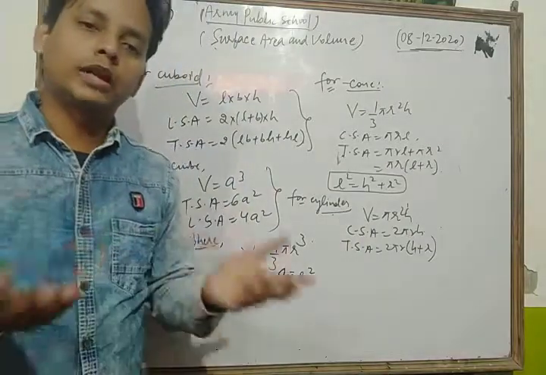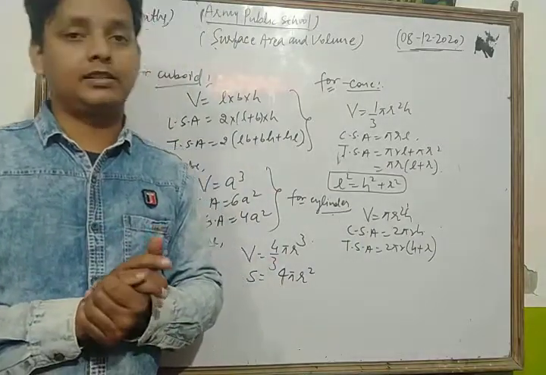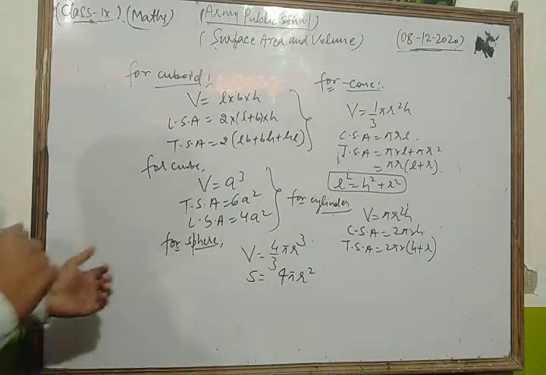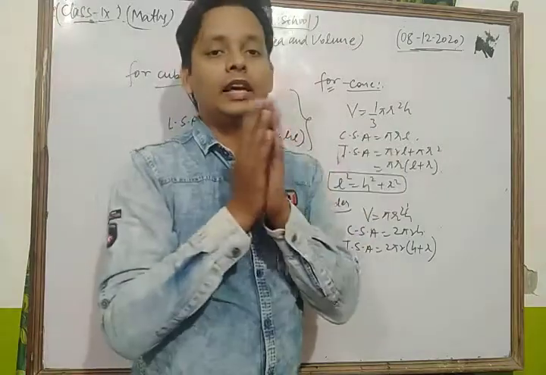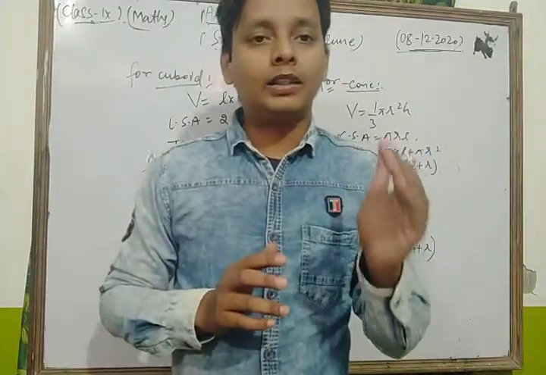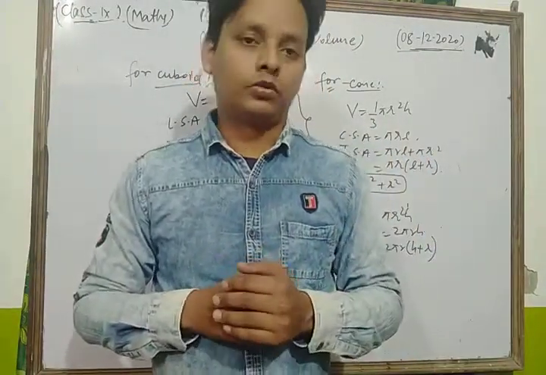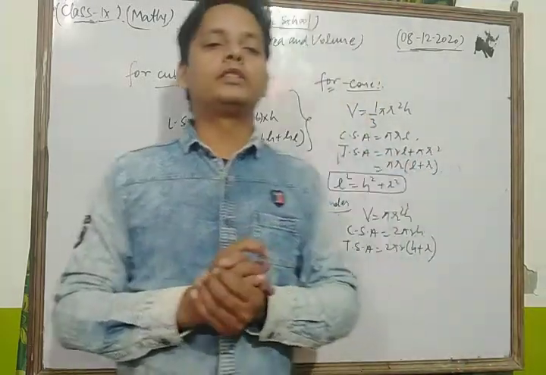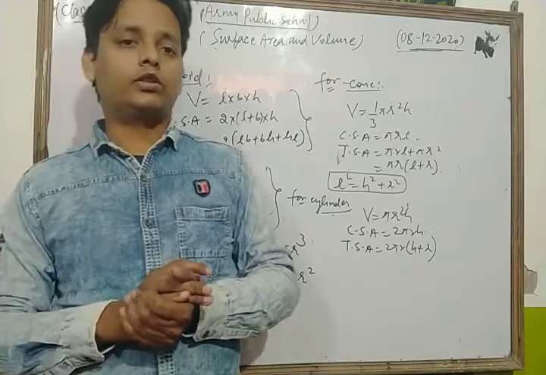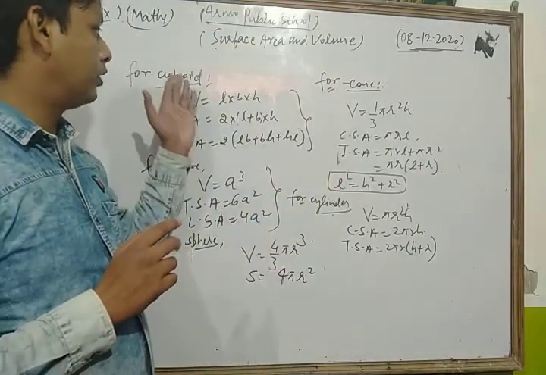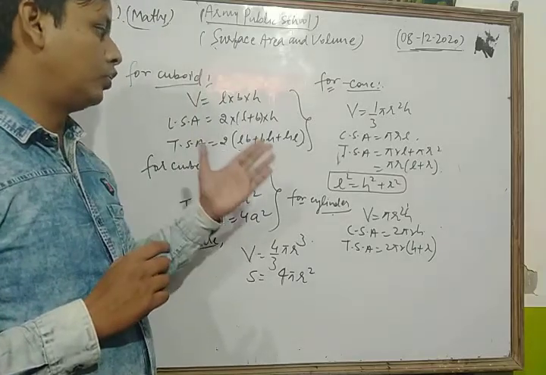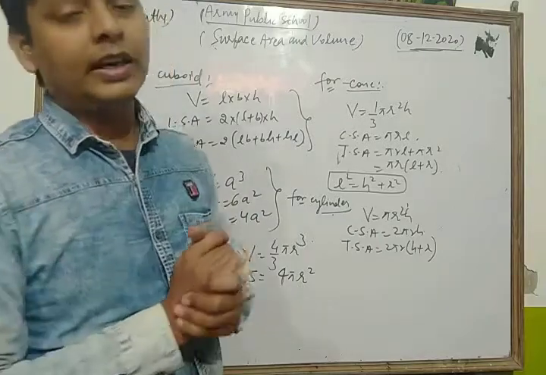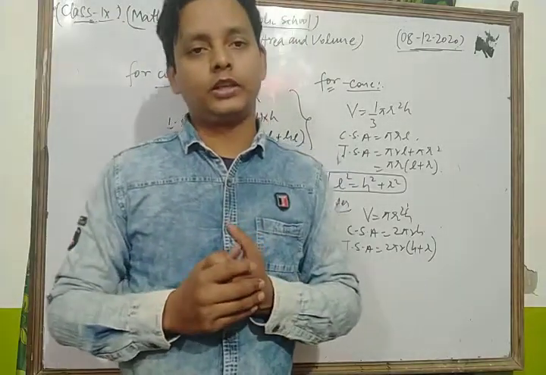Then you can solve your NCERT exercise. First, you revise all the questions, and also solve all the examples of your NCERT book. After that you complete your NCERT exercise. Thus, first of all you learn the formulas of cuboid, cube, cone, cylinder and sphere, and complete your NCERT exercise.